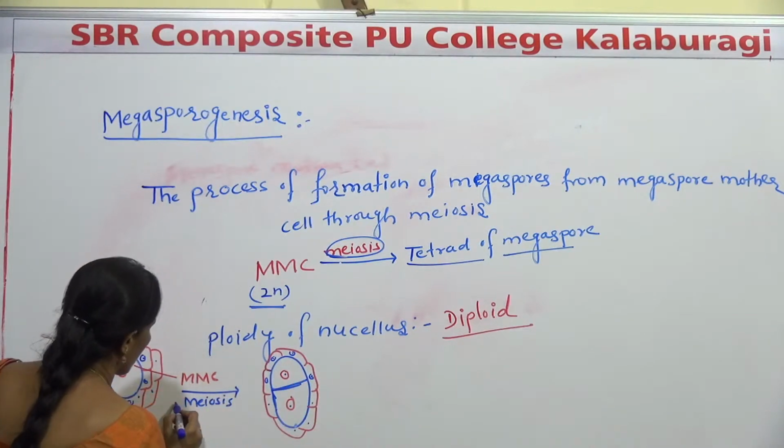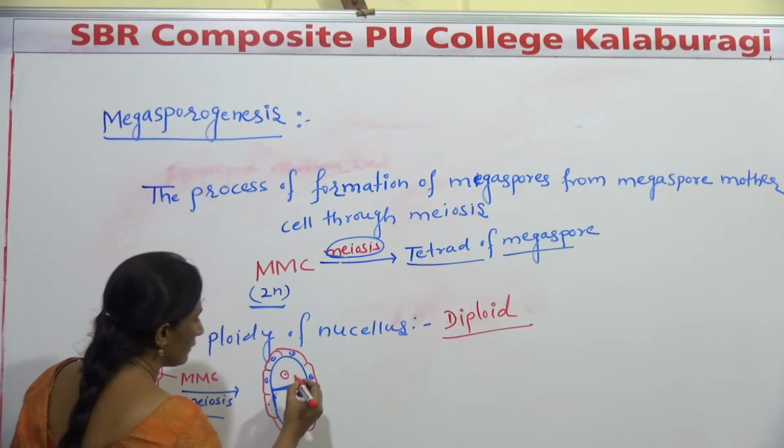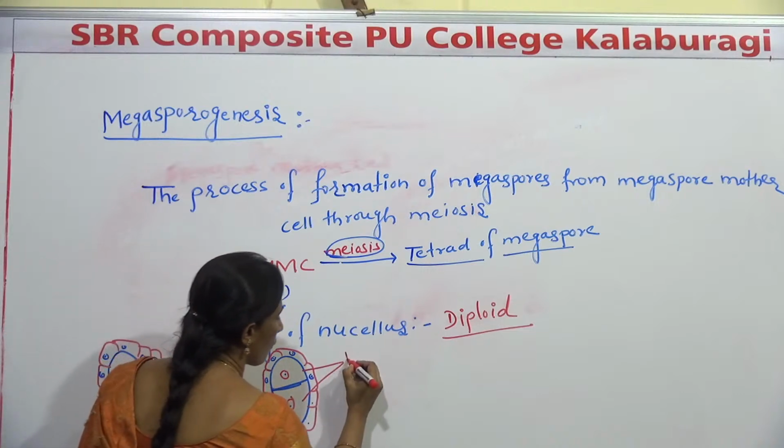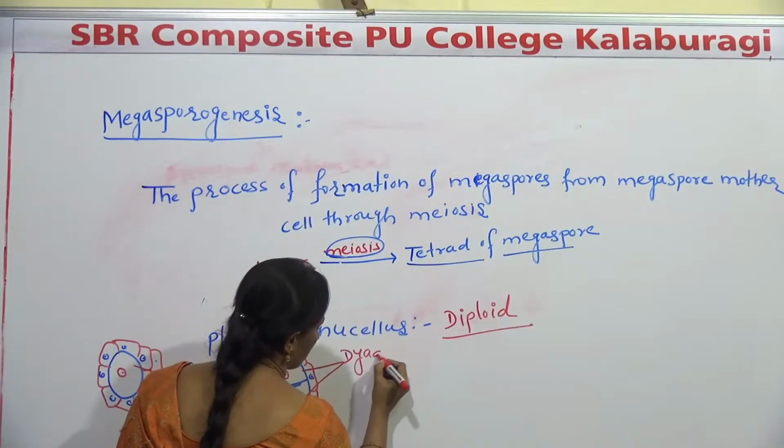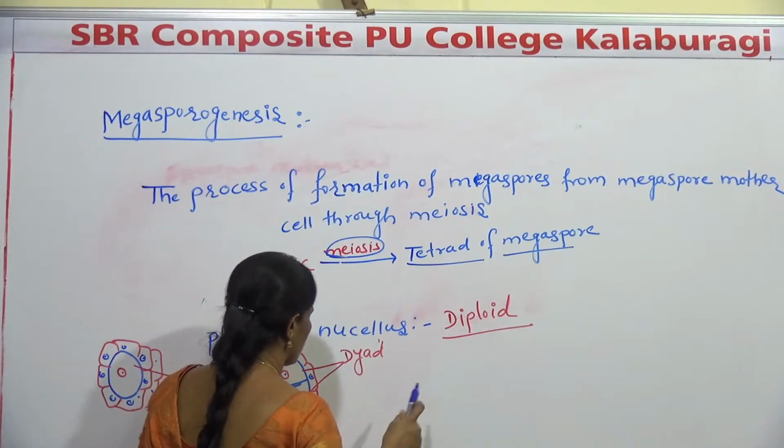In the first meiotic division, 2 megaspores are formed, this is called a dyad. Dyad means 2 megaspores.